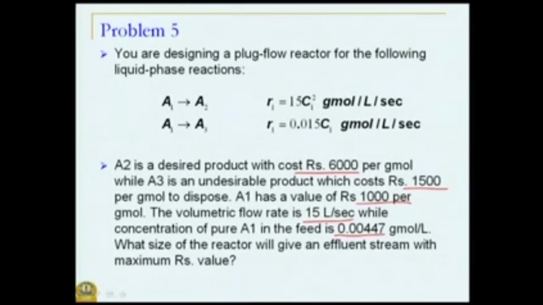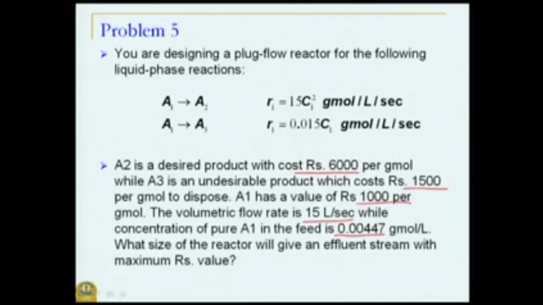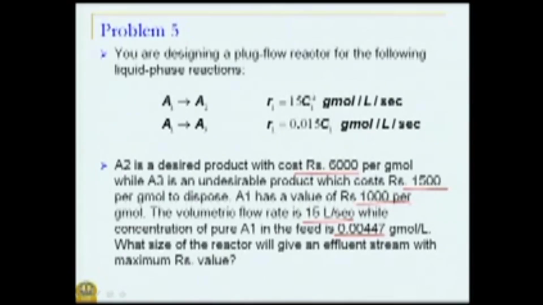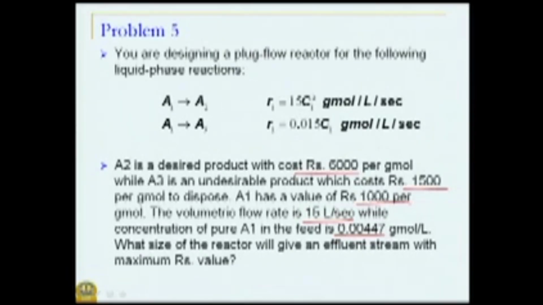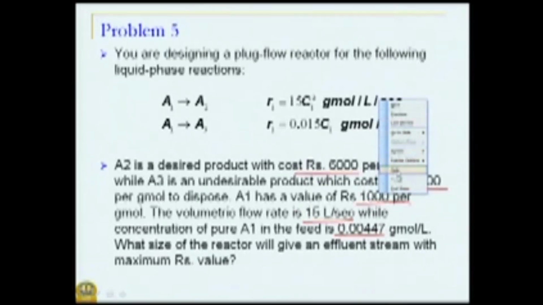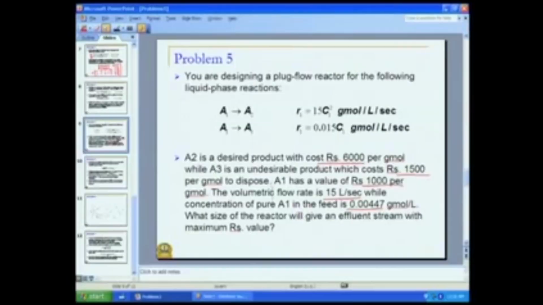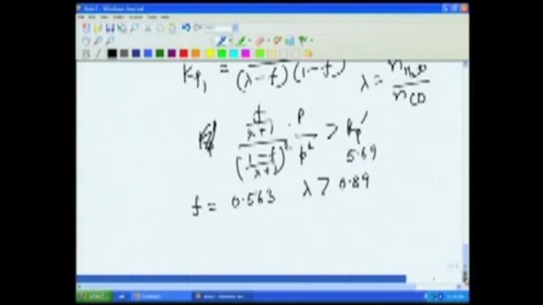How do we solve this? Now, what will be the maximum value? What will be the value of the product stream? Value of the product stream will be the value, because we can sell A2, minus the cost which is required to dispose A3 and minus the raw material cost. So, if I want to solve this problem, first of all I would need to find out this value. What value do we need to find out?